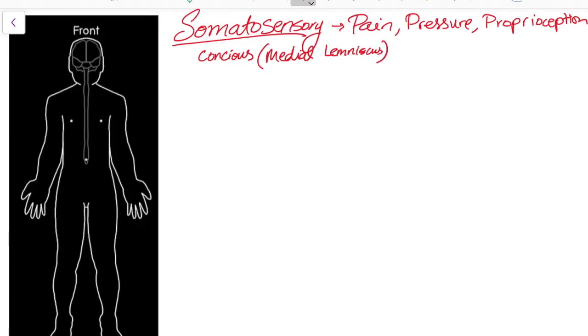And then we have two systems basically we can talk about for pain and temperature. That will depend on either the body, which can be our spinothalamic system, going from the spinal cord to the thalamus, or it can be the trigeminothalamic, going from the trigeminal nucleus for the face.